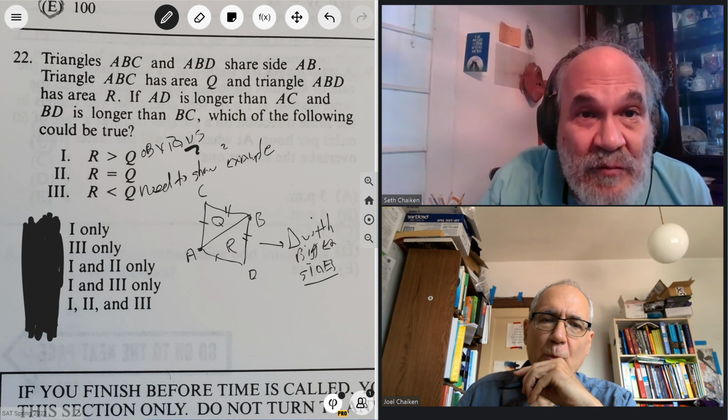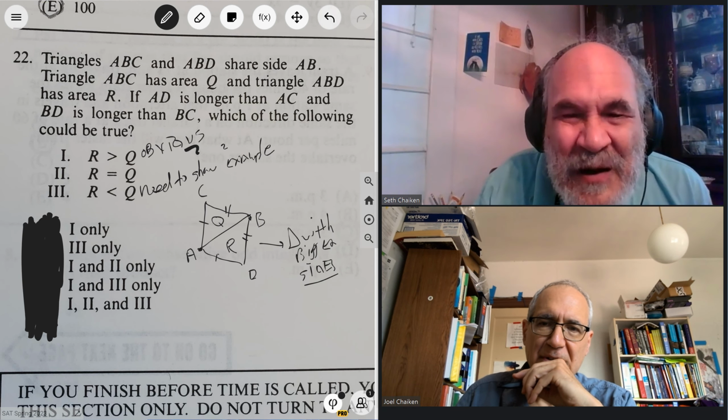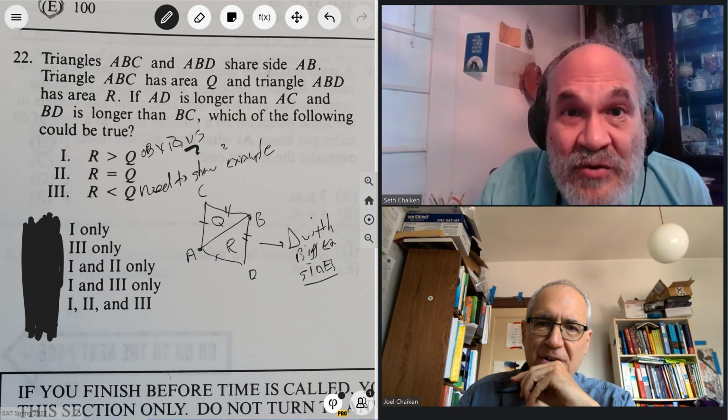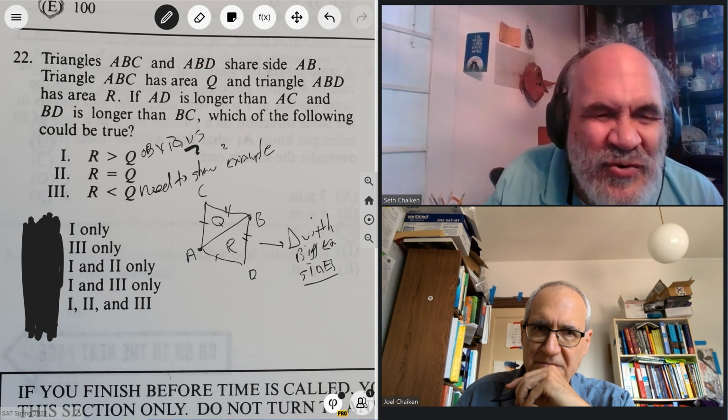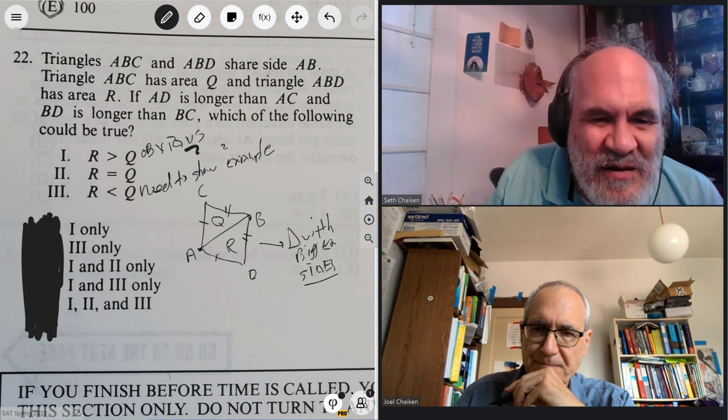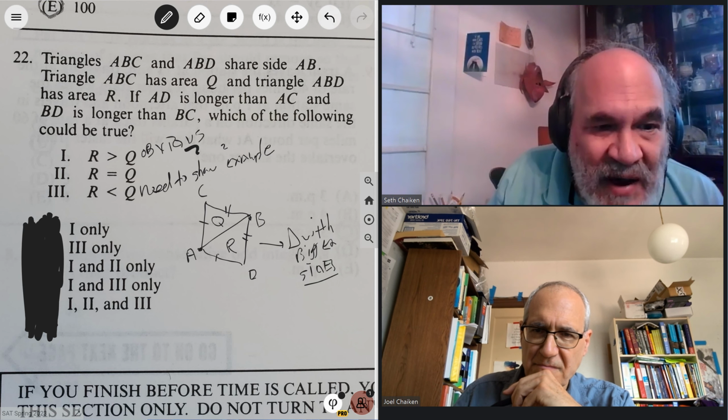Now, again, more imagination is needed here. I'm going to use a different way of drawing it. At the bottom, I will draw line AB.